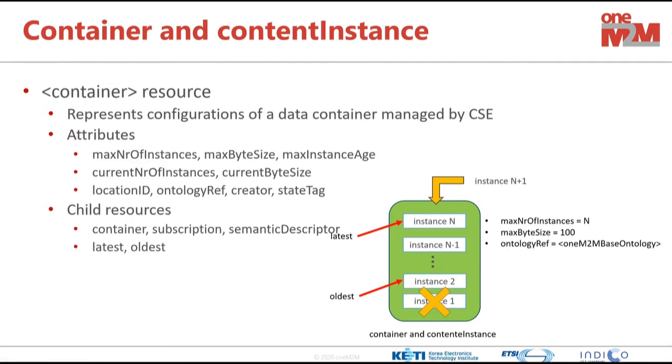So what I want to say here is, when we create a resource successfully, or when we update a resource successfully, then the platform, depending on the resource type, because each resource type represents different kinds of features. In the container case, this is the data management feature. So once we successfully update, for example, the container resource, then as part of the new setting, like the new max number of instances, the platform will manage the number of instances contained in this container.